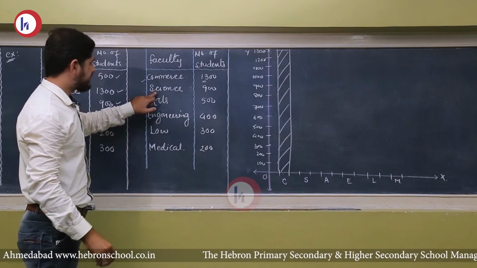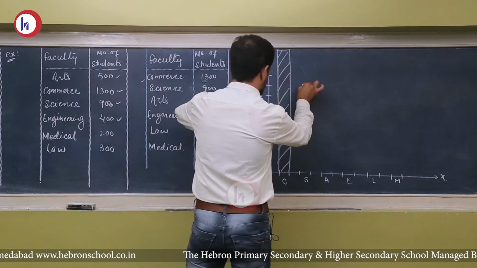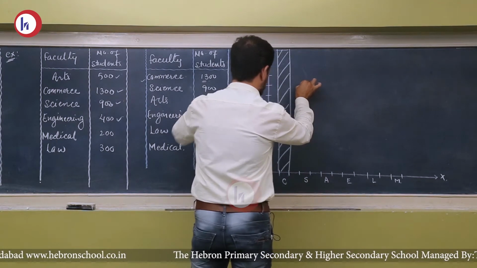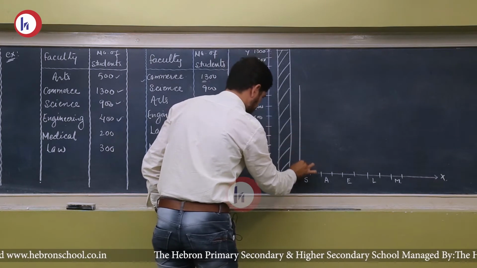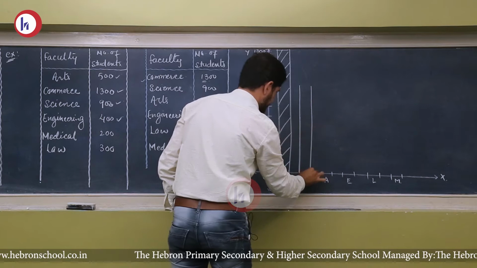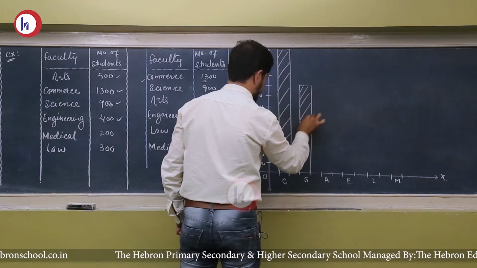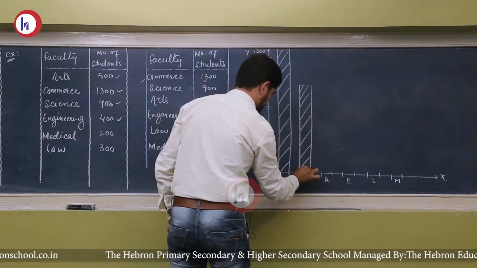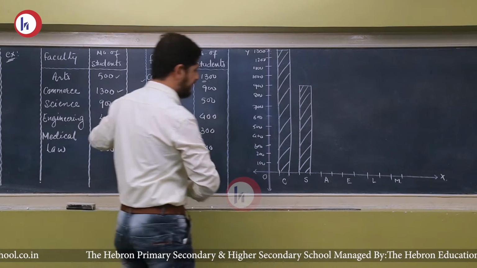Number 2, science. The number of students is 900. Number 3, arts, that is 500.